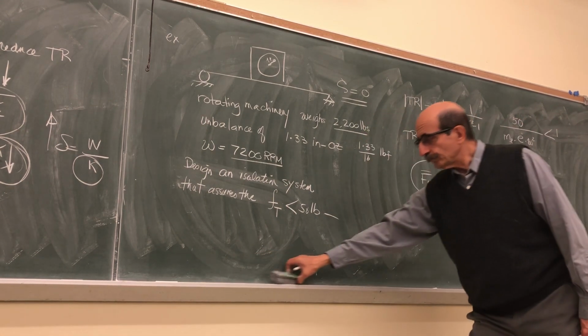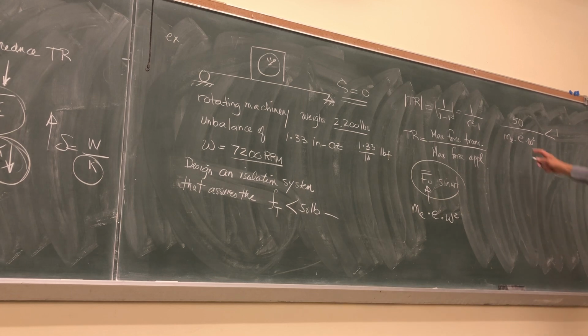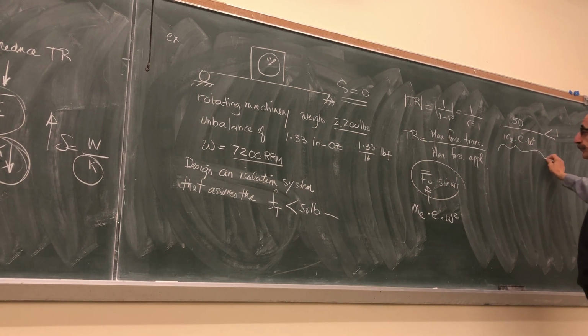It's been given that this is less than 50. So let's evaluate this. This is 1.33 divided by 16, this is in pounds. You need to convert that pound force to pound mass.